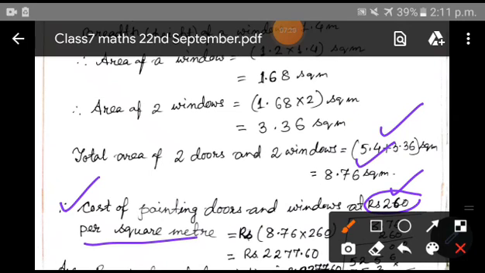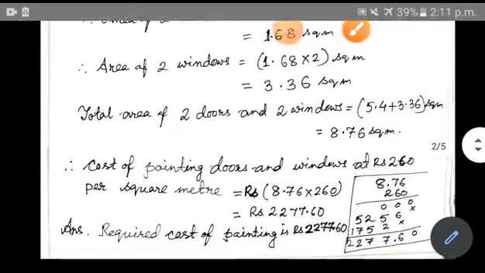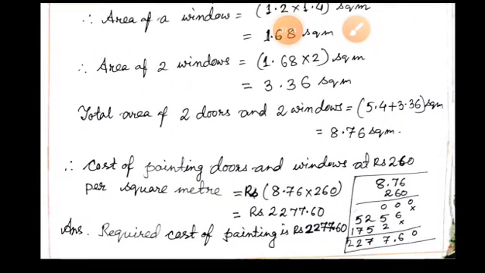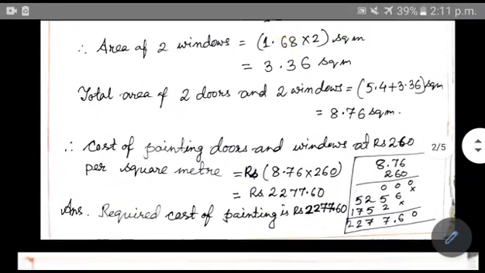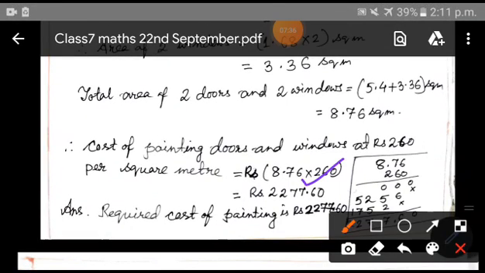So the total cost, you will find out by multiplying this 8.76 into 260. After multiplying, you are getting rupees 2277.60. So this is the required cost of painting. This is the total cost of painting the two doors and the two windows together.